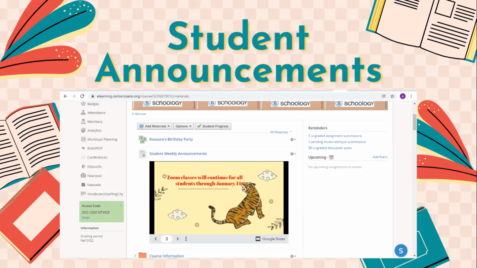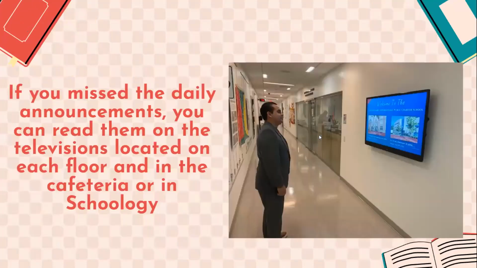So each class has a certain number of weeks that they are assigned, and a student is assigned each day to go to the office and read the daily announcements. So if you miss the daily announcements, you can read it on the televisions all over the building, on each floor, in the hallway, and in the cafeteria, or you can see it on Schoology.